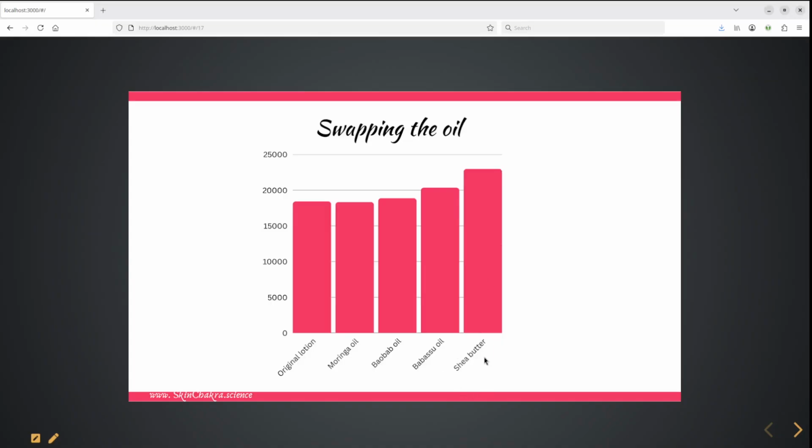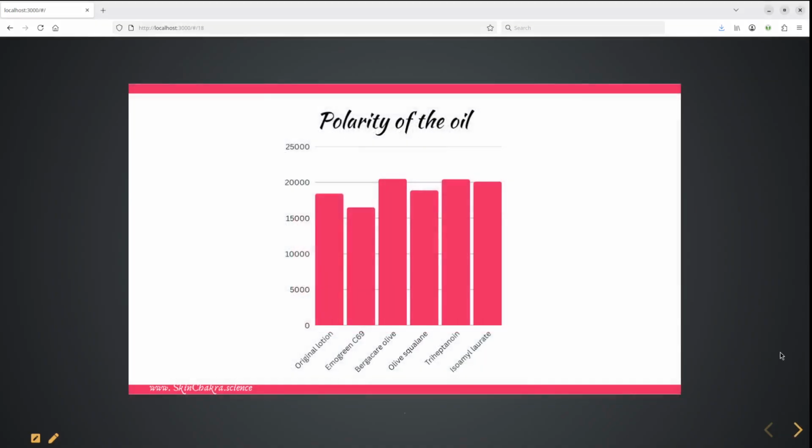Obviously, when you are using butters or semi-solid oils such as babassu oil and shea butter, you create higher viscosity. But between the liquid plant oils, there is no general rule that which one will cause a higher viscosity. It mainly depends on the nature of the emulsifier. By changing the polarity of the oil, you usually have a huge impact on the viscosity, on the skin feel, texture, and sometimes even on the stability.